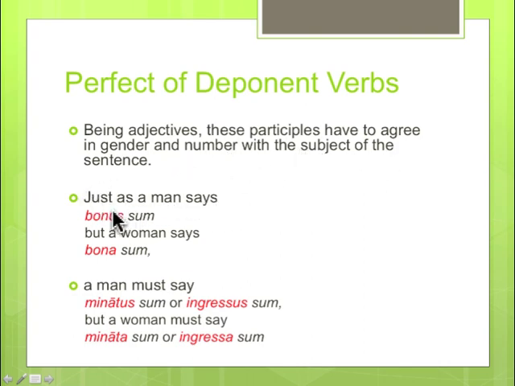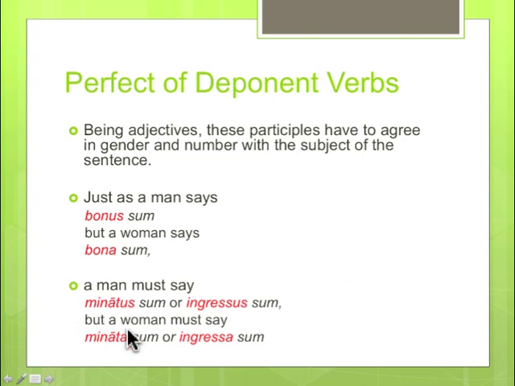Just as a man says bonus sum, and he has to use a masculine ending because he's masculine, but a woman says bona sum, and she must use a feminine ending because she, the subject, is feminine, a man must say minatus sum or ingressus sum using masculine forms for the perfect of these deponent verbs.